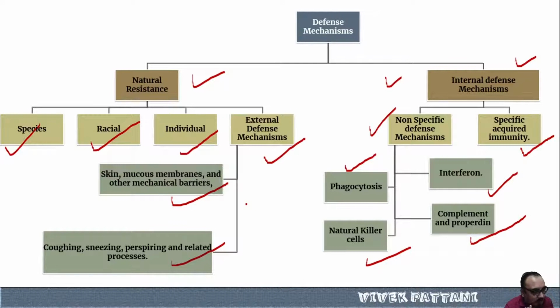We have already studied external defense mechanisms when we were studying normal flora, through which skin and mucous membranes and various other mechanical barriers act against disease, and also the coughing and sneezing mechanisms through which bacteria, viruses or any other pathogens are removed from the body.